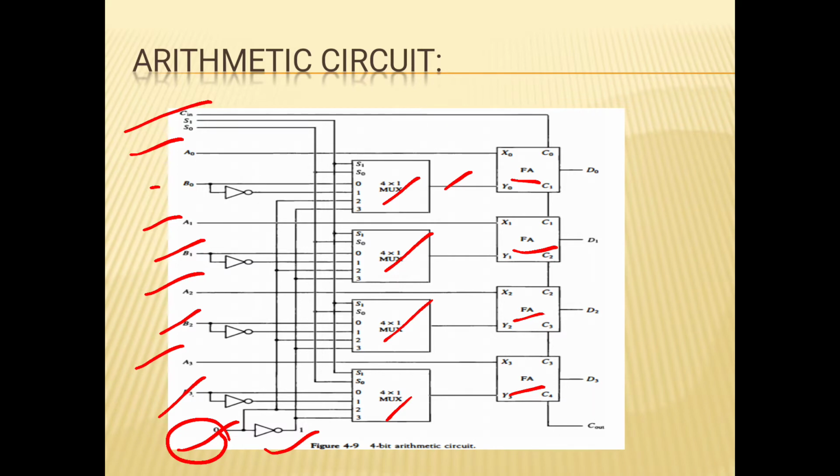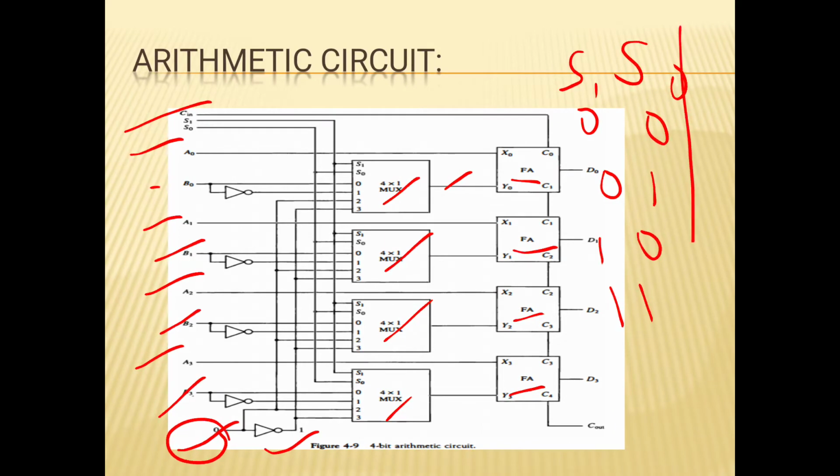Suppose S1 and S0 take the values 0 0, 0 1, 1 0 and 1 1. If we have 0 0, then it will select input 0. And if we have value 0 1, the multiplexer selects the first input value.